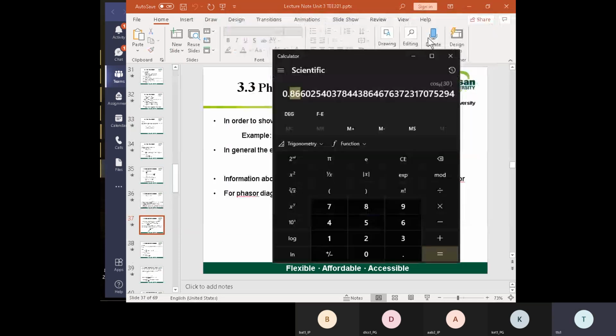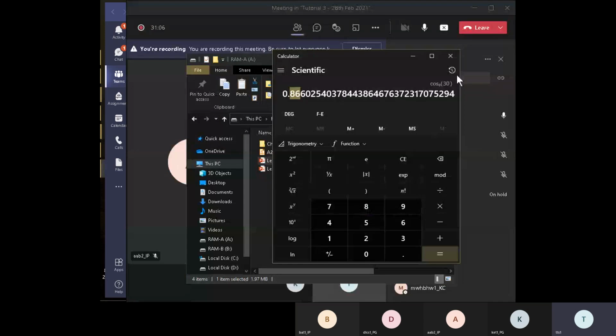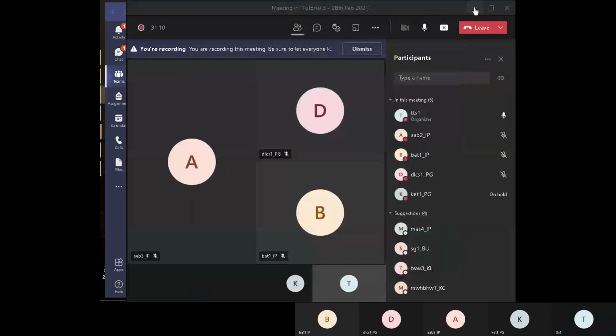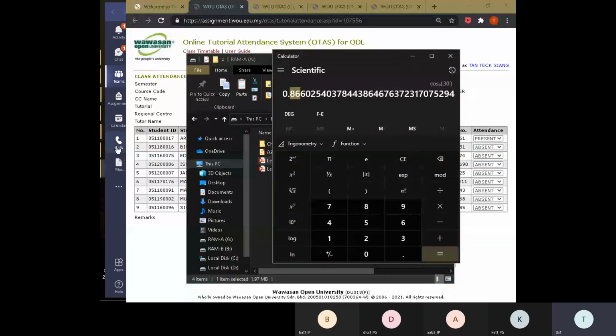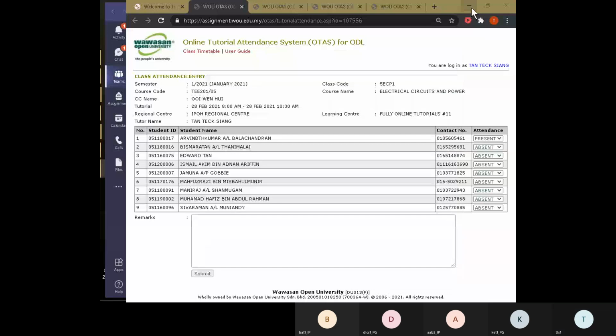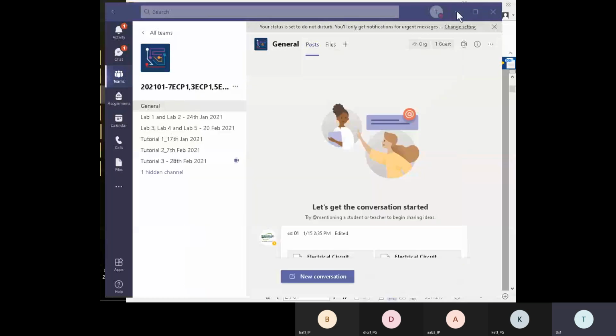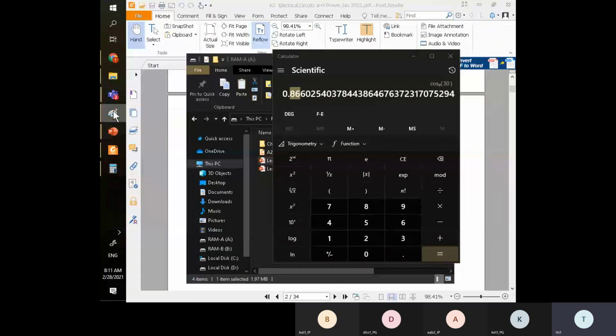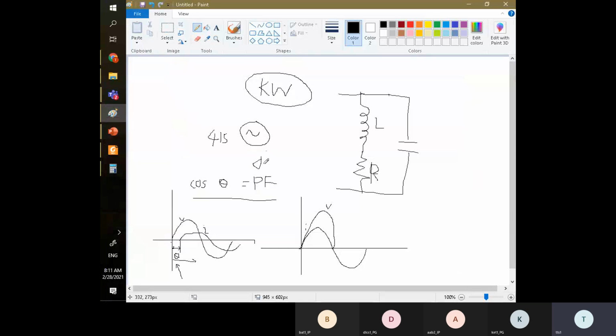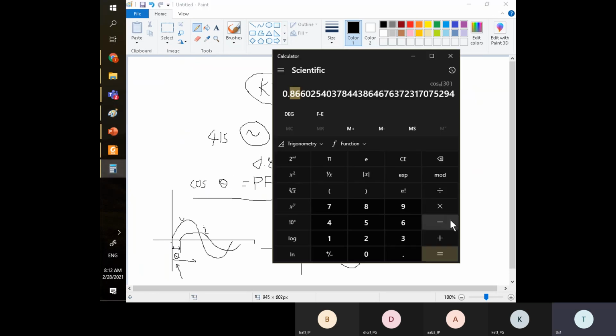Let's try to solve this problem. This is the formula, right? Now we know that this here is 0.85. Now let's work backward. What is the delta?